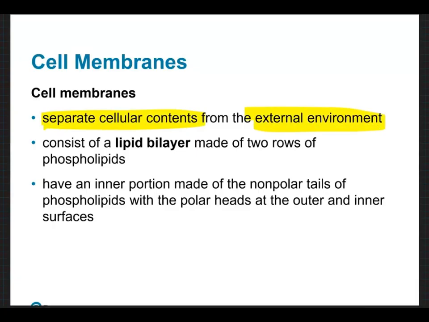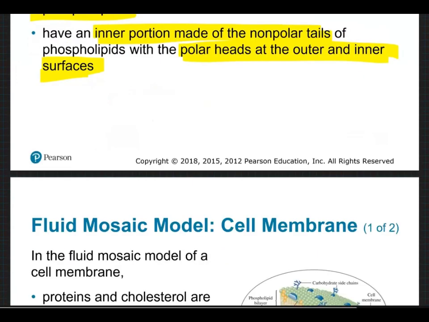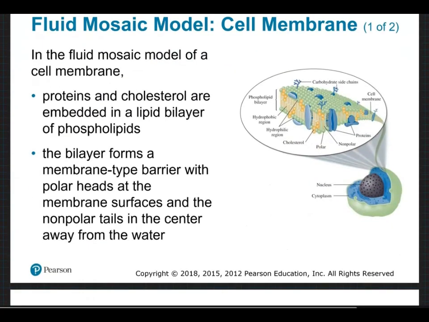The inner portion is nonpolar. The polar heads form outer and inner surfaces. So, within the membrane, proteins and cholesterol are not fixed to their location, but rather can float around.